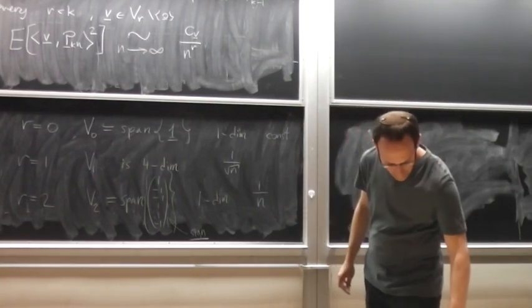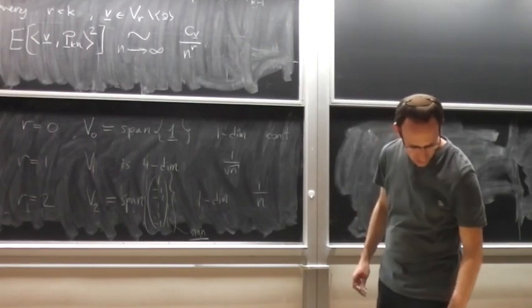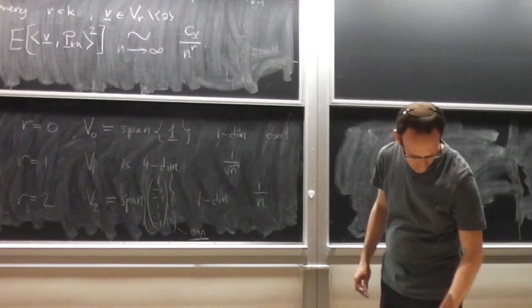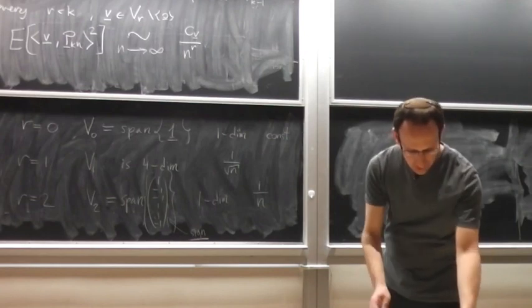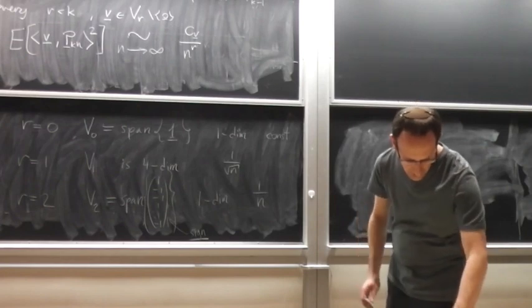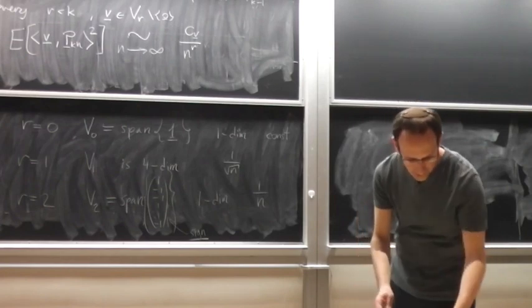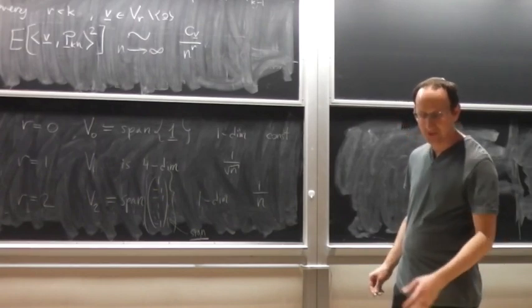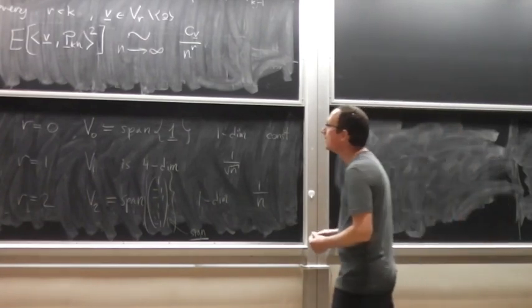So now maybe it's time to speak about the decomposition. There are different ways to look at the decomposition, and one of them comes from a representation of the symmetric group.